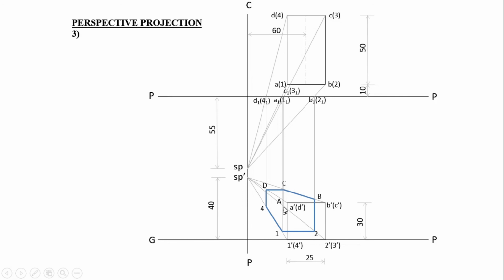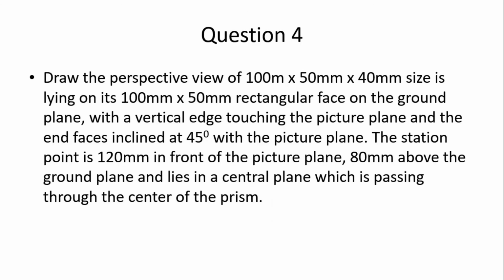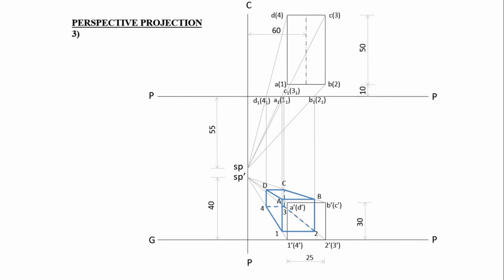So all the edges starting from point 3 will be invisible, and all the rest of the edges, the remaining edges, will be visible. So this is how the perspective projection of a rectangular block in the given condition is drawn. Thank you.